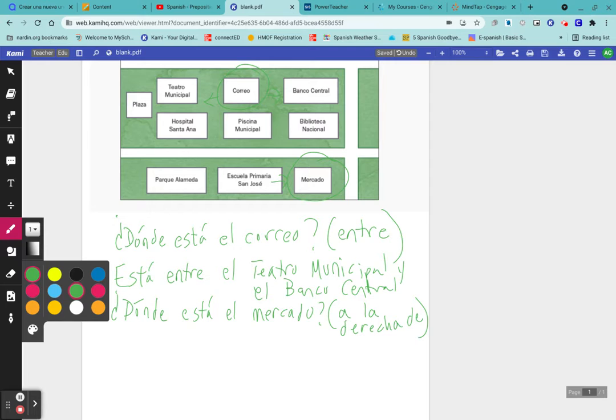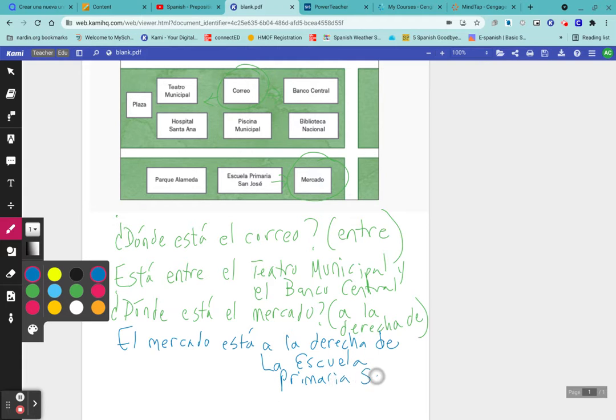How would we say the market is to the right of the Escuela Primaria San Jose? We could say el mercado está a la derecha de la Escuela Primaria San Jose.